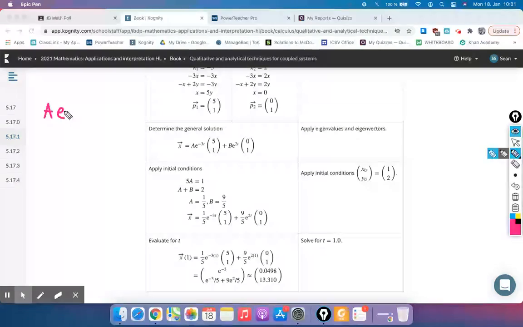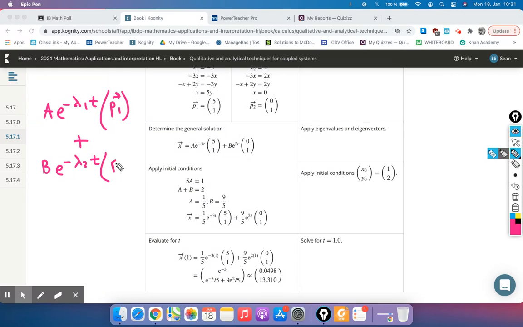It's a to the e minus lambda 1 t times the first eigenvector, which they called P1, and then plus b to the e minus lambda 2 t times vector 2. It doesn't matter if you switch these around, as long as you keep the eigenvalue and the eigenvectors together. So that's why they're plugging in 3 and 2 here, and then the eigenvectors that we just had.